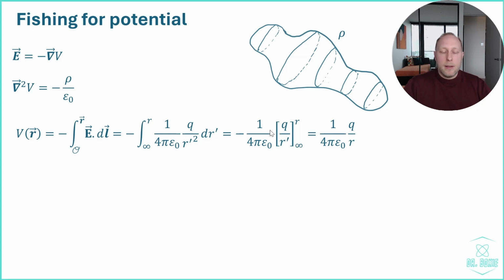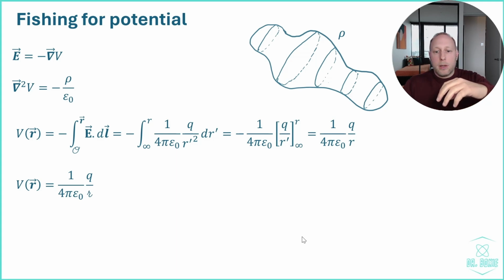I could have chosen to put the source charge at some other point in space, and in that case, in the result of the integral, instead of regular r, we would have curly r, which is the vector going from the source to the field point, and we have the magnitude of that vector curly r here. Now we also have the principle of superposition for potentials, which means that if there are multiple source charges, we can simply add the potential created by each of those source charges separately.